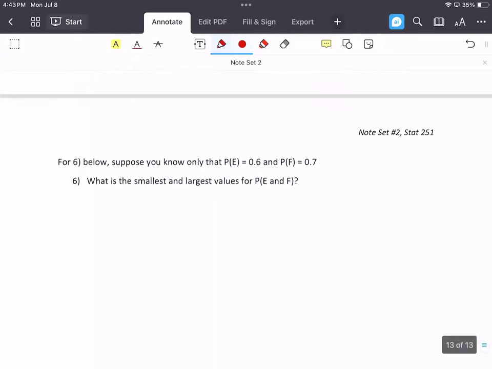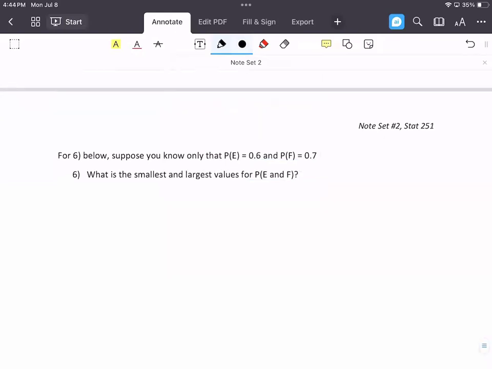Now, for number 6 below, suppose you only know two things. You only know that the probability of getting into E is 0.6 and the probability of getting into F is 0.7. But you don't have the probability of getting into E and F. You have no other additional information.